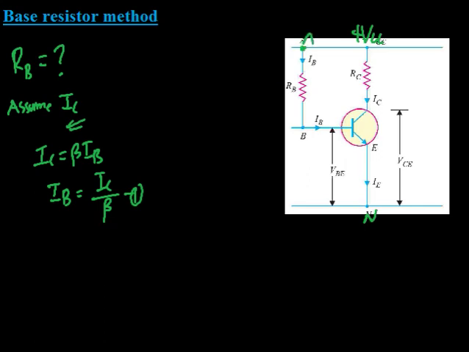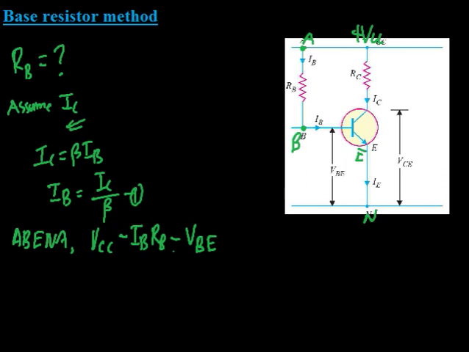So this is node A, this is the node B, let's call this node E, and this is N. Now consider the closed circuit A, B, E, N, A. If we apply Kirchhoff's voltage law, VCC minus IB RB, since IB will flow downward and we are moving in the same direction, we take this as negative, minus VBE is equal to 0.